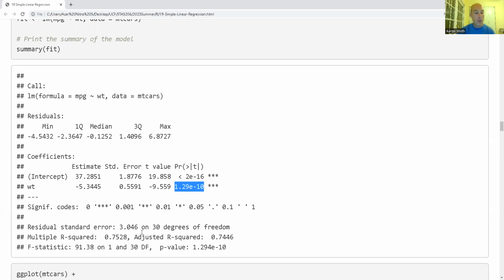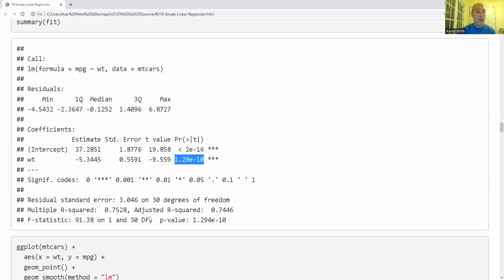All right, and my ANOVA test, here's the degrees of freedom. The ANOVA is statistically significant, and you'll notice that in simple linear regression, this only applies to simple linear regression, I get the same p-value. That's not a coincidence.